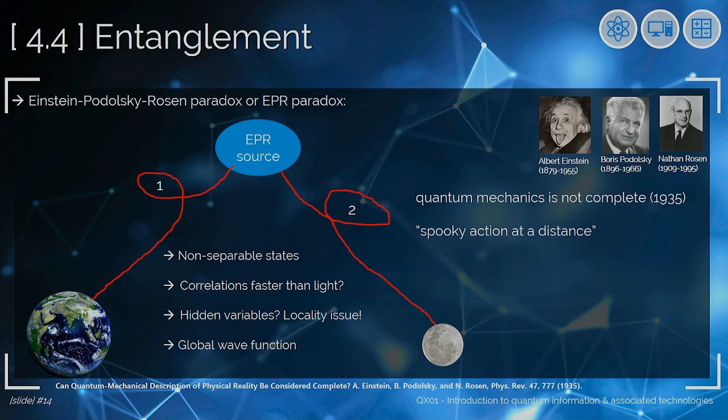That would mean that the two systems cannot be separated. So the wave function was non-separable. You could not separate the two entities, and yet you could have two quantum systems physically separated.